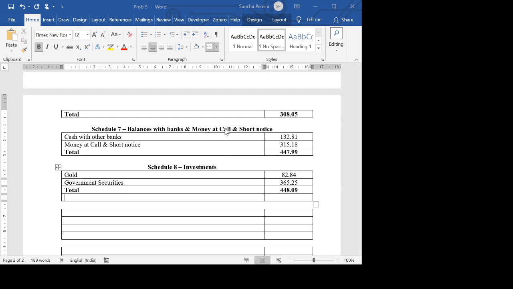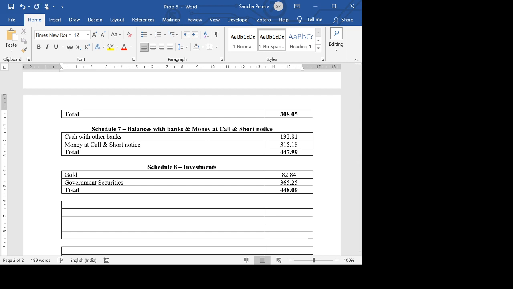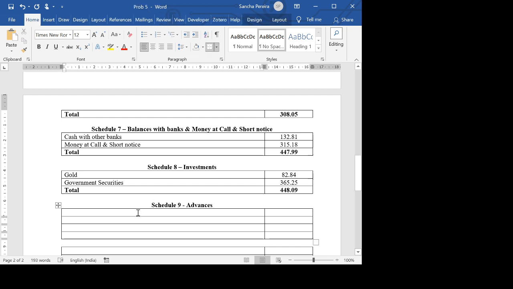Next one is schedule 9, which is advances. So we start with the first thing that is there, cash credits.